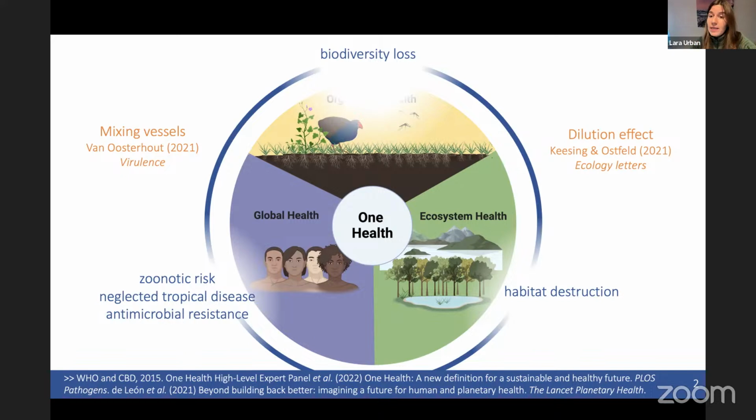The dilution effect is a very similar concept, I would say, but it relates more to the transmission of pathogens. If you think about a highly biodiverse ecosystem, we are basically introducing suboptimal hosts for a pathogen that don't allow it to spread so easily, compared to a biodiversity-poor ecosystem. And this is the framework that I would like to place my talk in today.